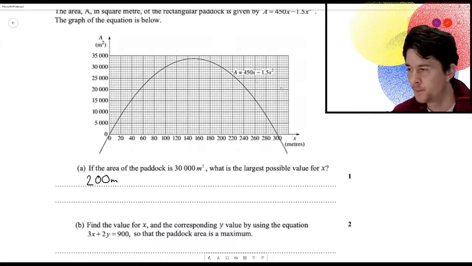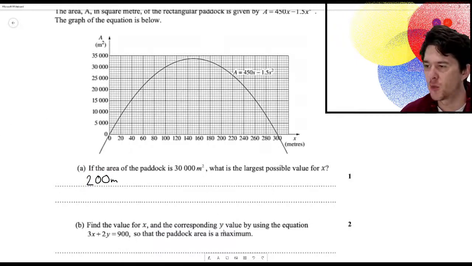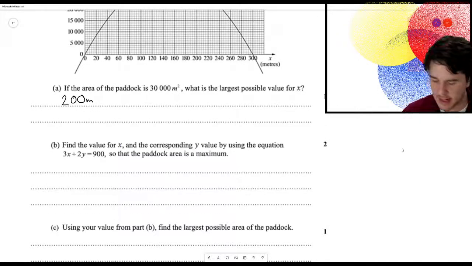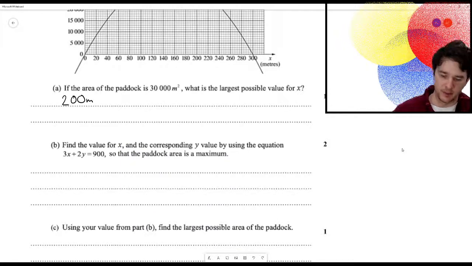Then moving on, find the value for X and the corresponding Y value by using this equation so the paddock area is a maximum. So the maximum, a parabola is symmetrical. So if we go from 0 to 300, then the peak is going to be at 150. So that's the value for X. And then we need to use that equation to find the Y value. We're not allowed to estimate it from the graph.